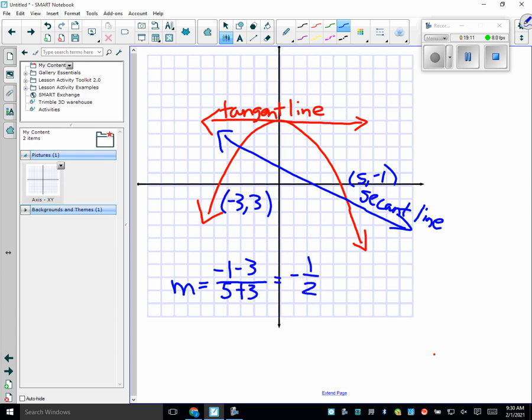Negative 1/2. How do we get the points? Well, I looked and I said, what point is that right there? Where it intercepts? Yeah. That's what the secant line does, is intersects. We good? Okay, this is what we're doing today.